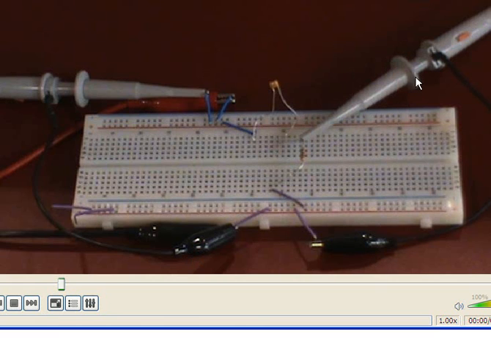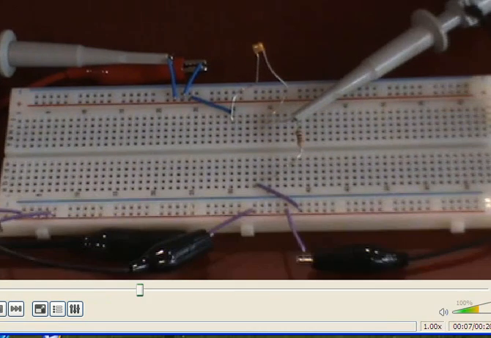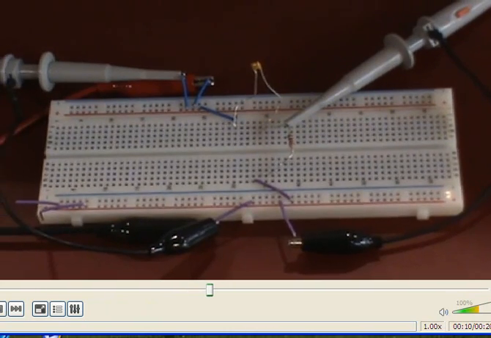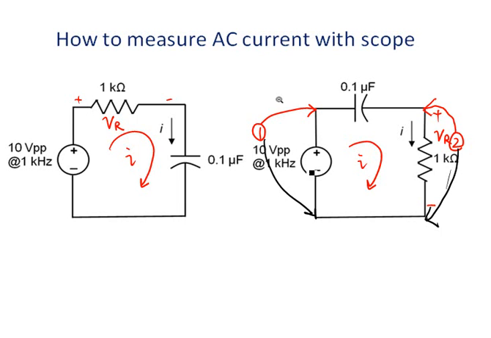The positive and negative terminals for the second channel of the scope. So we need to turn on the oscilloscope. So we're going to see the signals of the two channels here.